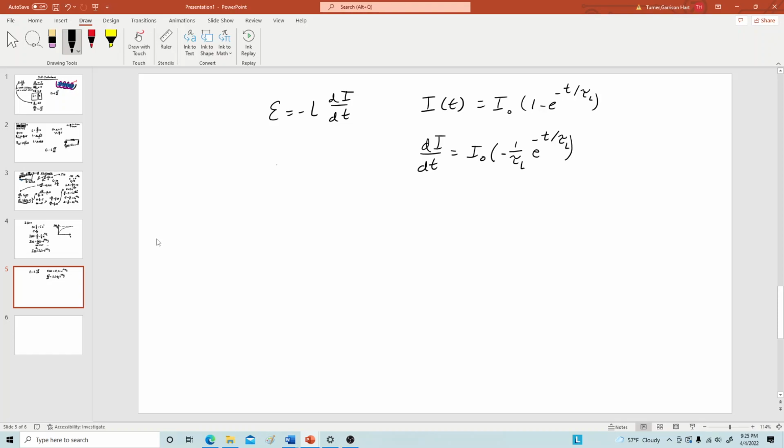And so this becomes negative I naught over tau e to the negative t over tau. And when I multiply that by L and the negative sign, it becomes L I naught over tau e to the negative t over tau.